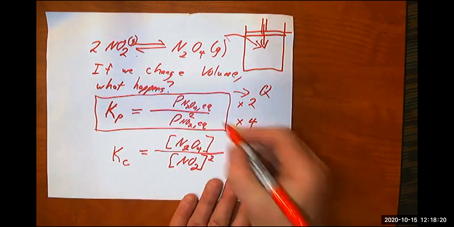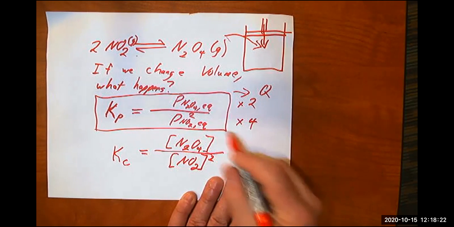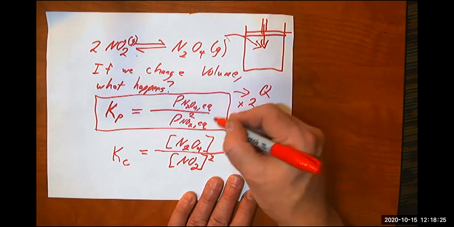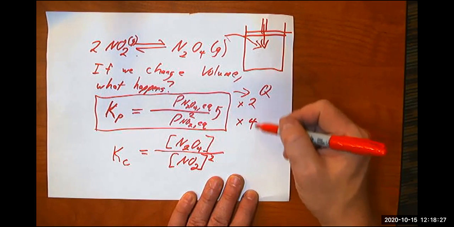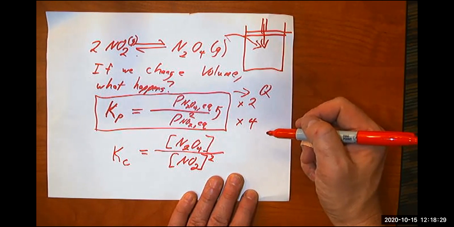It's going to shift away from the denominator, because it's too big, towards the numerator, so that we get back to where we started.